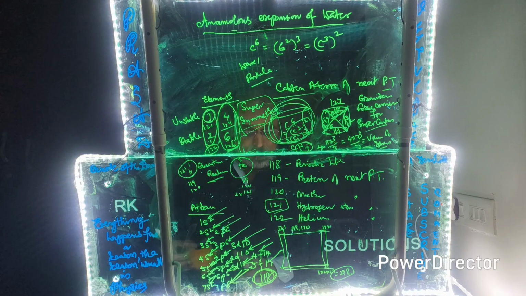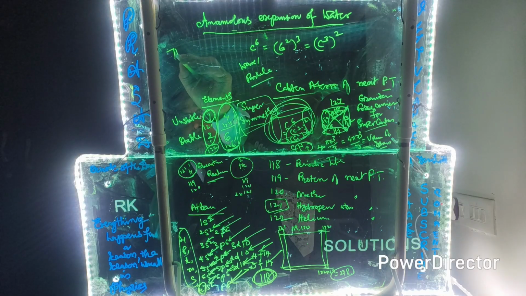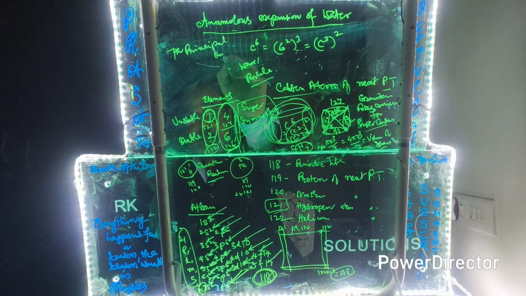Till here we have 4 quantum numbers: principal, azimuthal, magnetic, spin, right? Using these 4 quantum numbers, what is the principal number here?